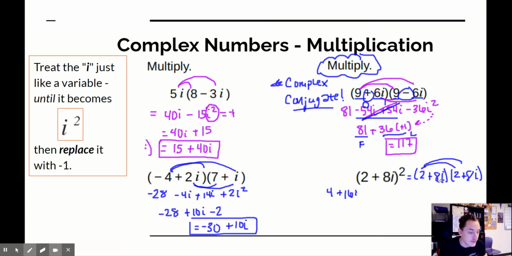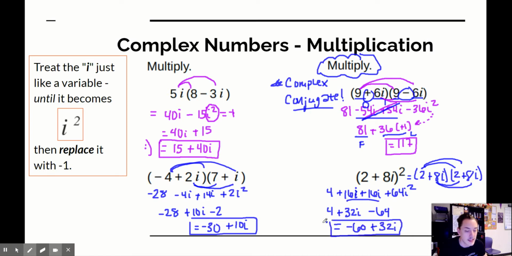And then I have 8 times 2, well, that's an i, and then plus another 16i. And then 8 times 8 is 64, and then times i squared. Okay, so this becomes 4 plus 32i, and then this is minus 64, and so this equals negative 60 plus 32i. That's my final answer. Sweet.